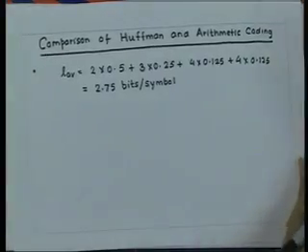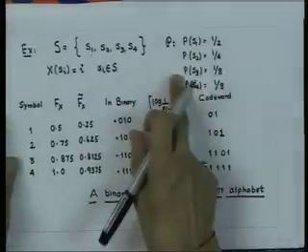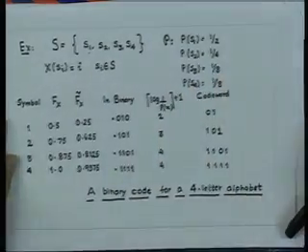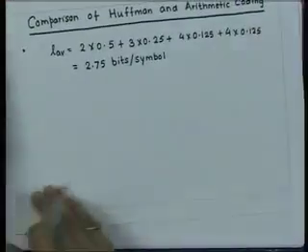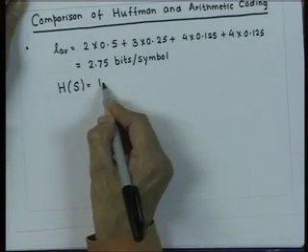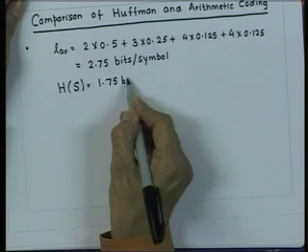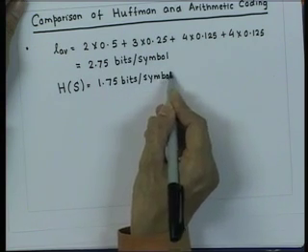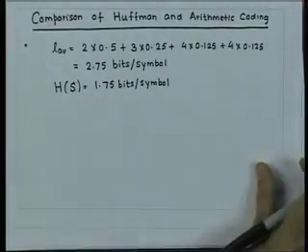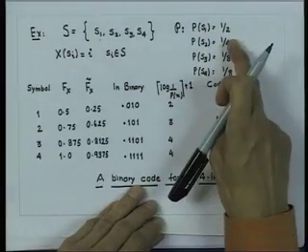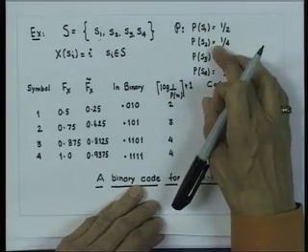And the entropy for this source is 1.75 bits per symbol, and because this is a dyadic source, the Huffman code is able to achieve this entropy.